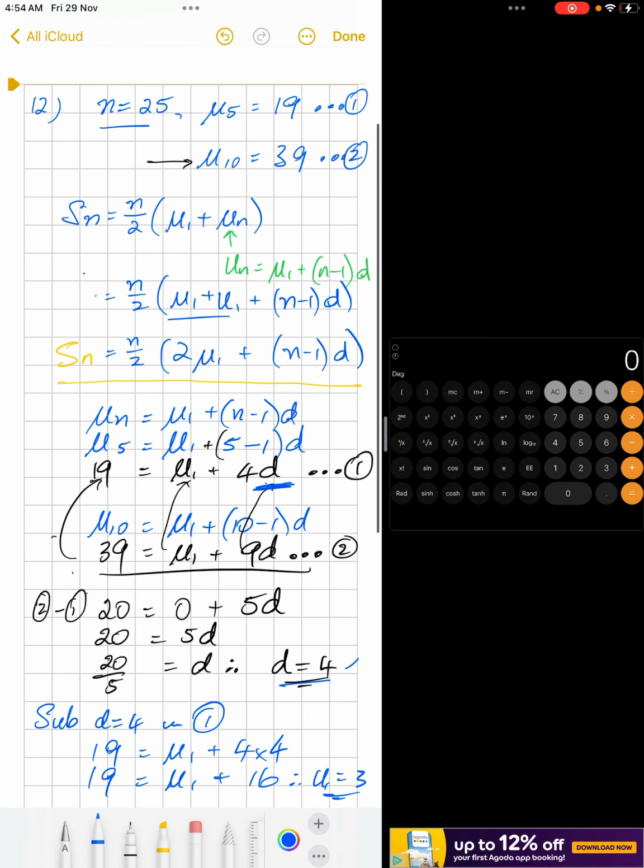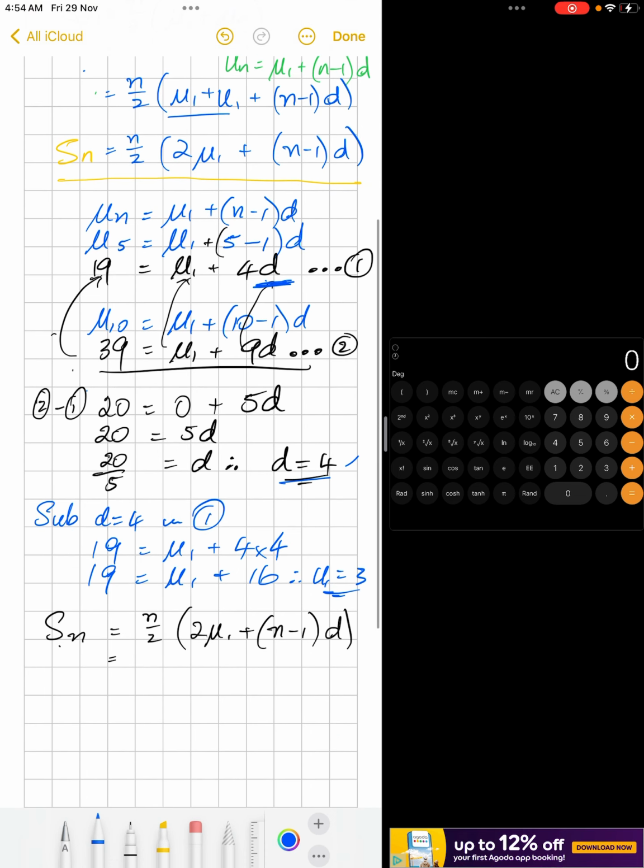We want 25 terms. 2 times u1, which was 3, and n is 25, and d is 4. And that's 12.5 times 6 plus 24 lots of 4.